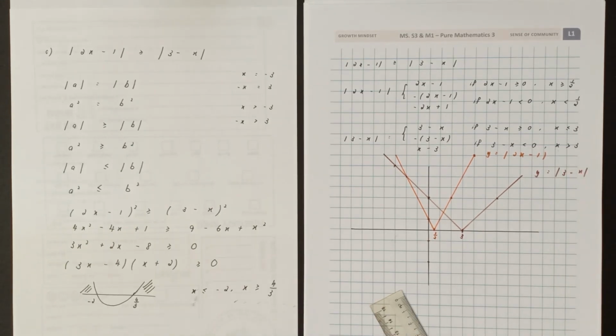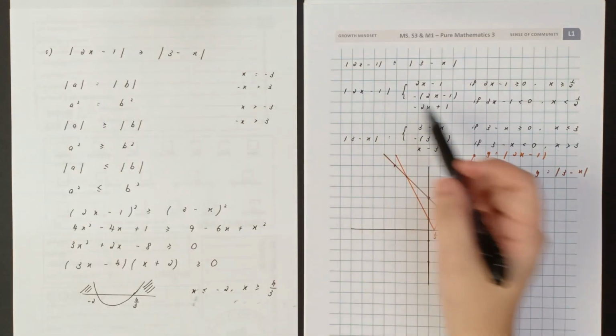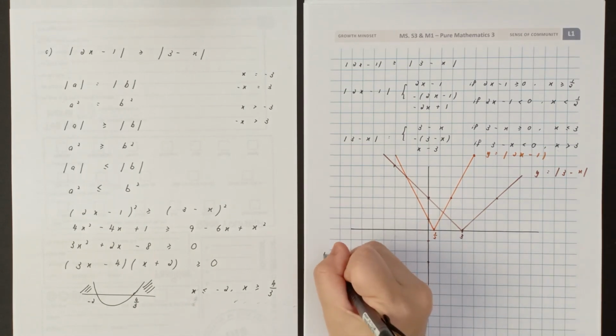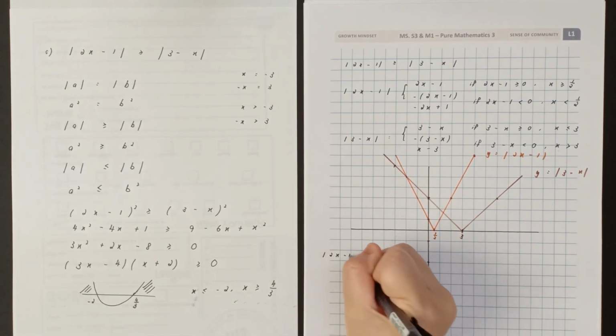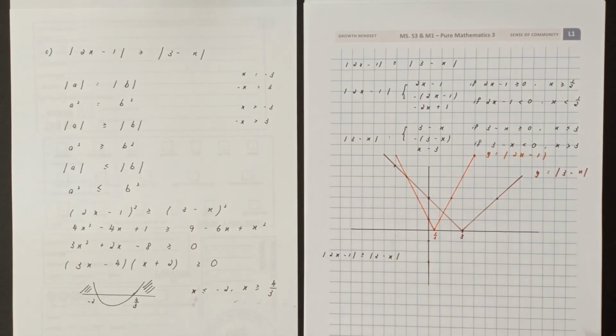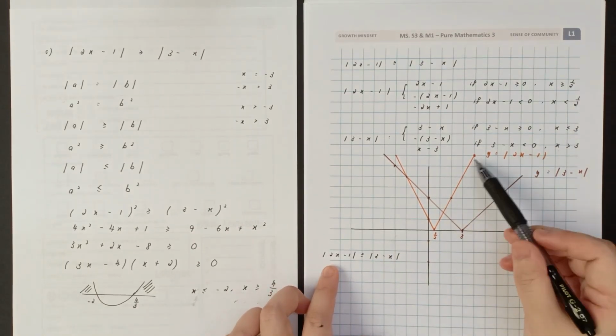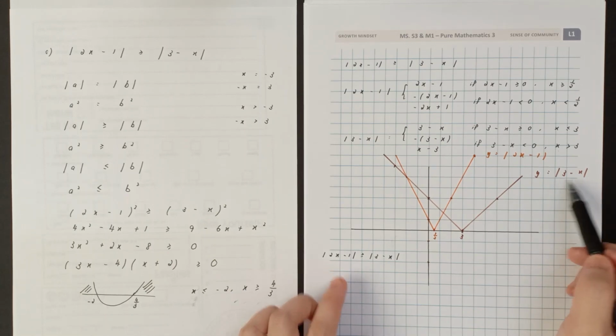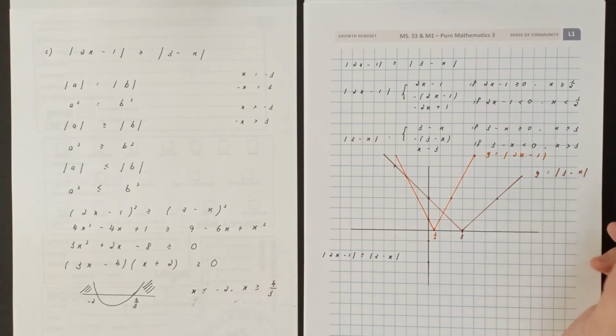After you have this graph, you see what is the point that you actually want to find. You want to find when 2x minus 1 is greater than 3 minus x. What does that mean? 2x minus 1 is the orange color one, then 3 minus x is the chocolate color one. So what we want is the part where the orange color is above the brown color.